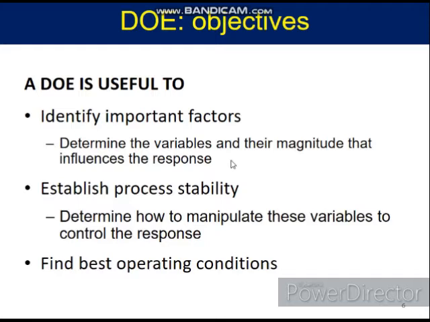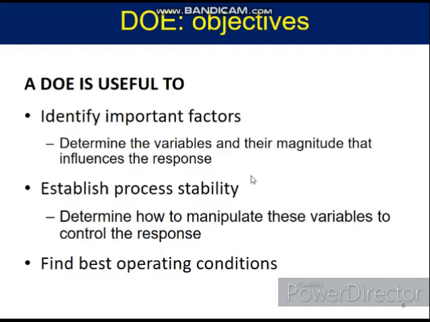Basically, it will tell you which one is the most significant factor that influences the softness of the bread. Is it temperature? Is it the eggs? And so on and so forth. So it determines the variables and their magnitude that influence the responses.